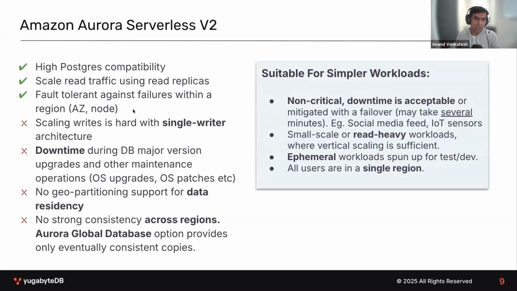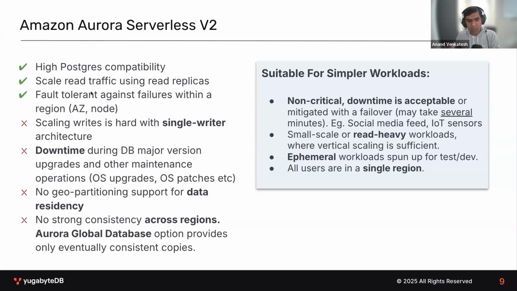So where can this service be used? It is suitable when some downtime is acceptable for your application, like non-critical workloads, for example, social media feeds or IoT sensor data. And it is suitable for read-heavy workloads. For sure, it's a good fit if your application can handle just vertical scaling, right?